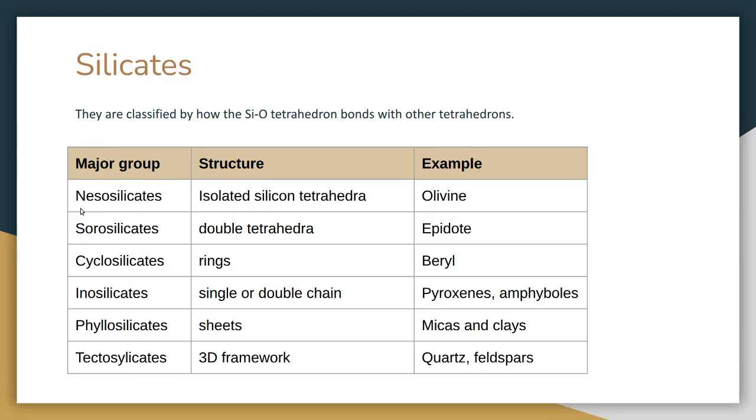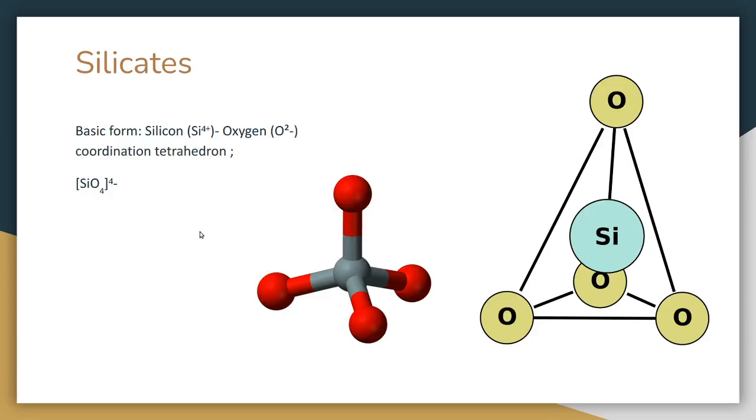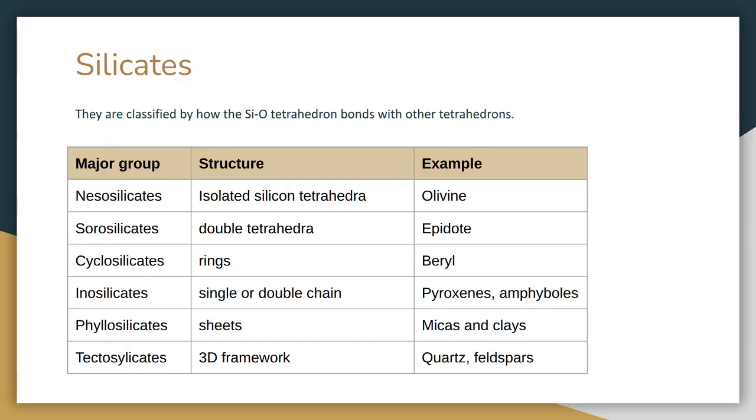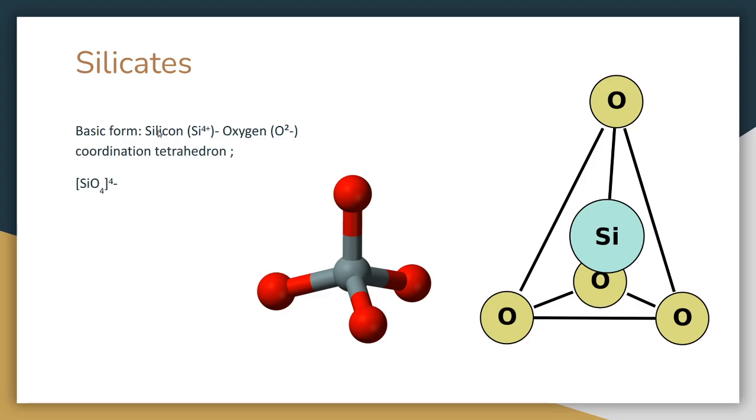We have nesosilicates, which are isolated, meaning this tetrahedron doesn't bond with any other tetrahedrons. It only bonds with other stuff, which doesn't matter right now. Sorosilicates, which bond through an oxygen to another tetrahedron.